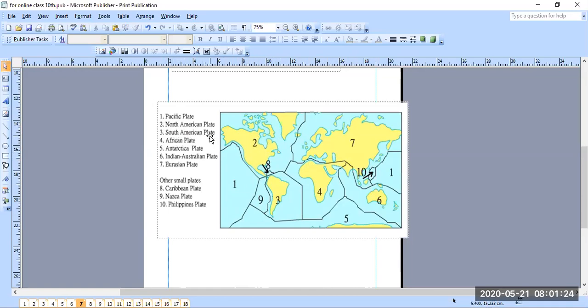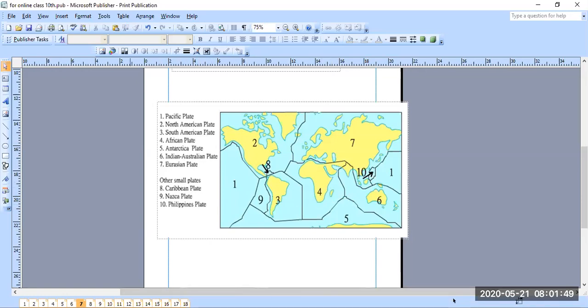Third is South American Plate. Fourth is African Plate. Fifth is Antarctic Plate. And sixth is Indo-Australian Plate. And seventh is Eurasian Plate. Then there are small plates we call Caribbean Plate, Nazca Plate, and Philippines Plate. So these plates are still in the process of being split.